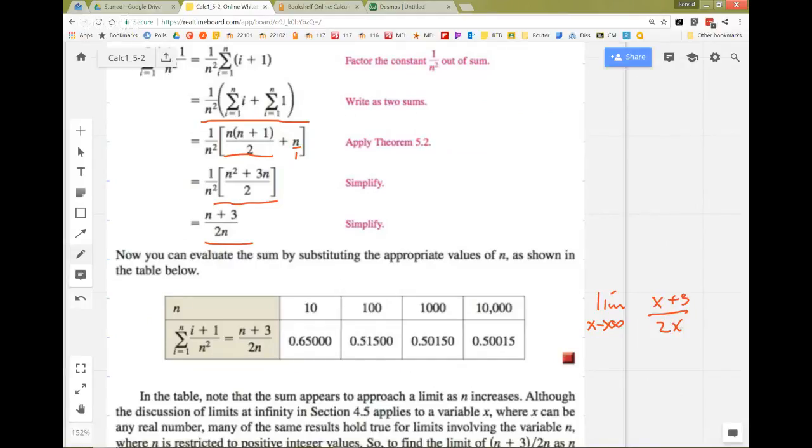Notice the numerator and denominator both have a power of 1. The ratio of the leading coefficients. Oh yeah, 1/2, 0.5. All right. So we have a nice connection with something we've done previously here.